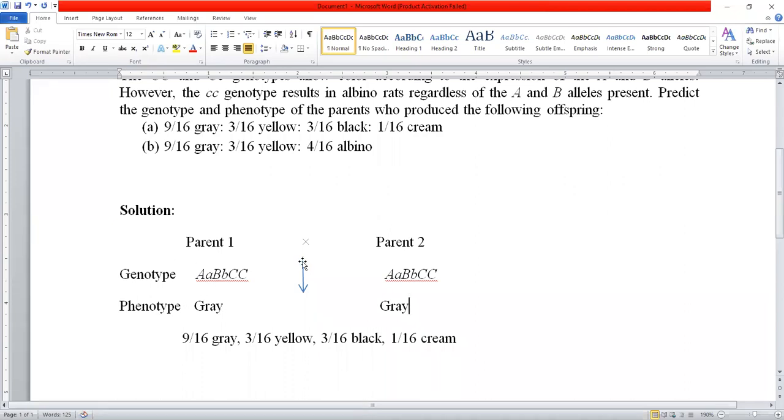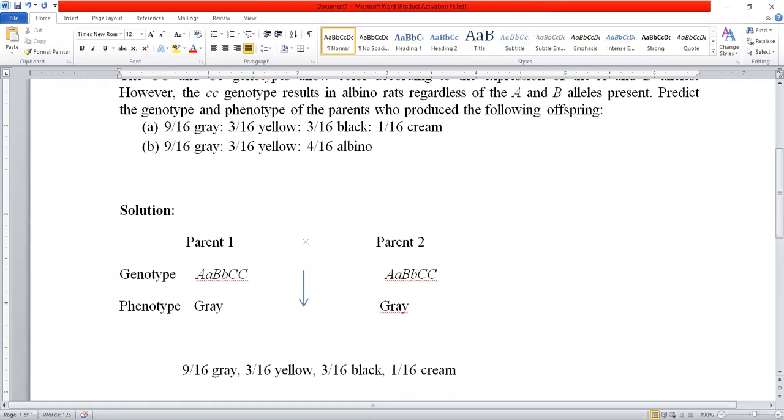So now we can confirm whether this result is okay. We can check by making the gametes. The gametes produced by these two parents will be the same because both parents have the same genotype.